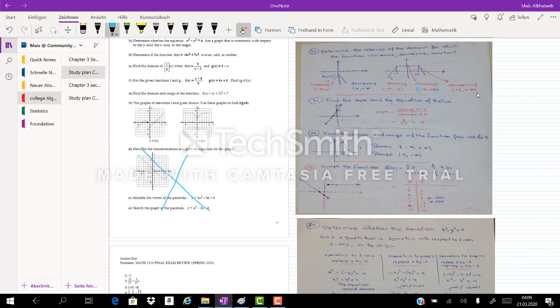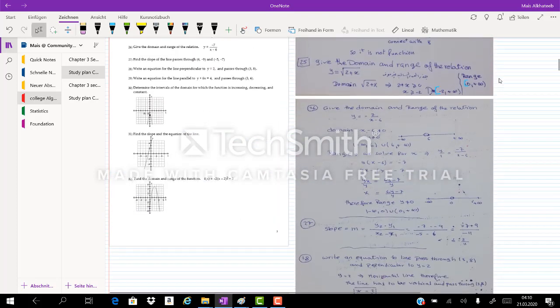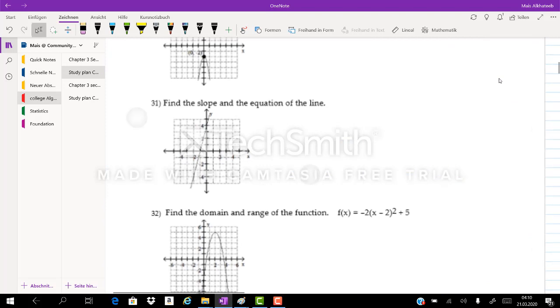Now we go to 31. It asks to find the slope, the equation of the line. So they sketch this line. I go up again, sorry. If I have this line as I see here, and they want to find the equation of the line.